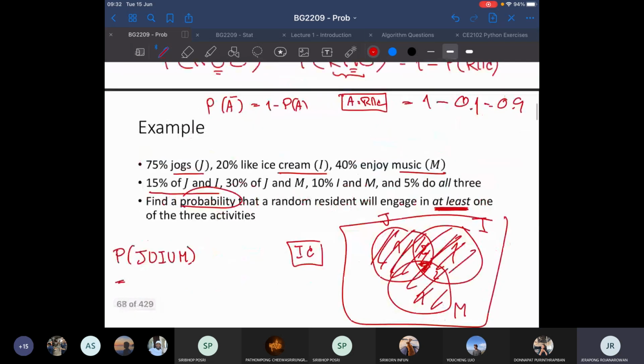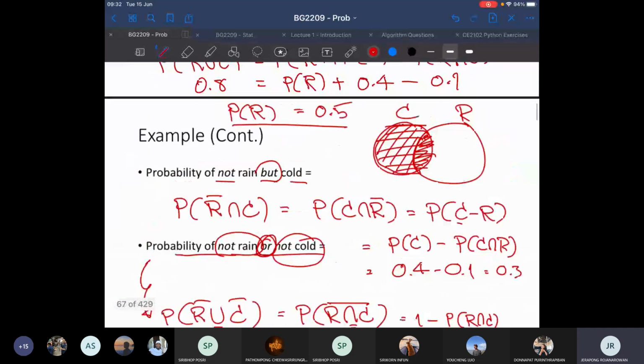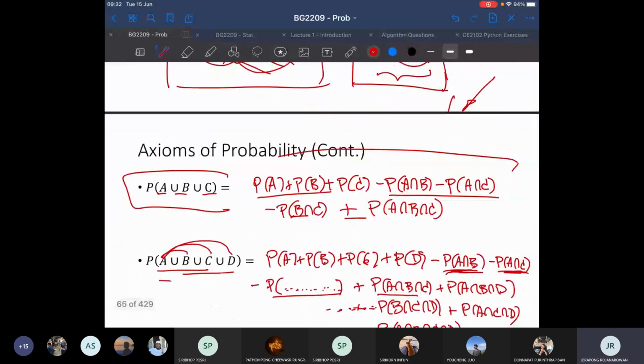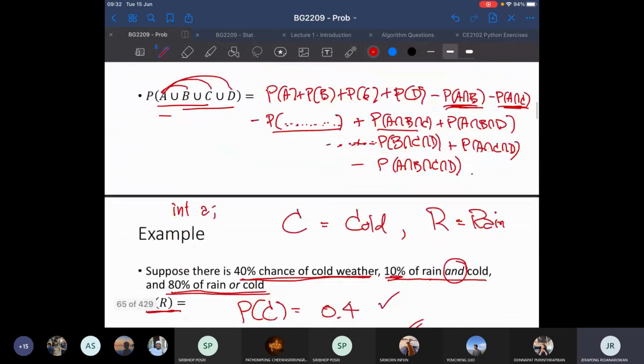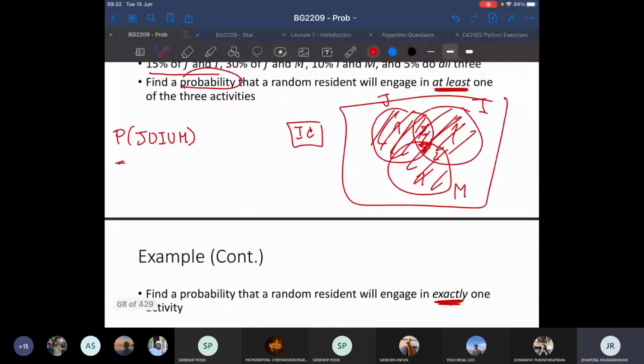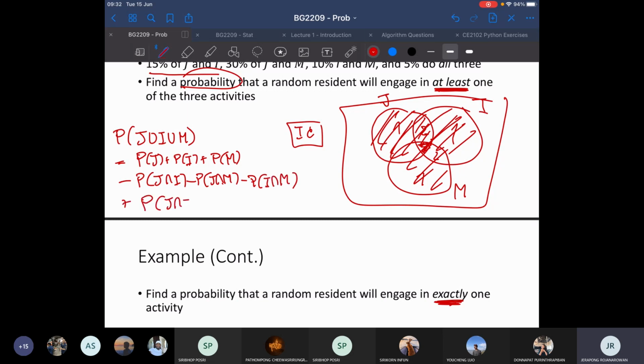Then for this one we're going to use the result that we get from here, which is P(J) plus P(I) plus P(M) minus P(J intersect I) minus P(J intersect M) minus P(I intersect M) and plus P(J intersect I intersect M). Okay, we plug in the numbers.